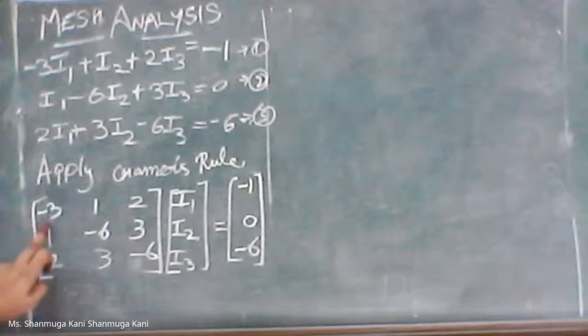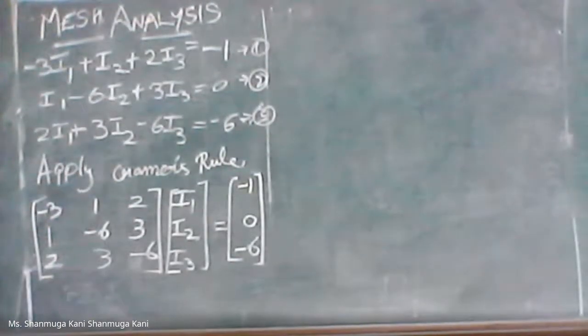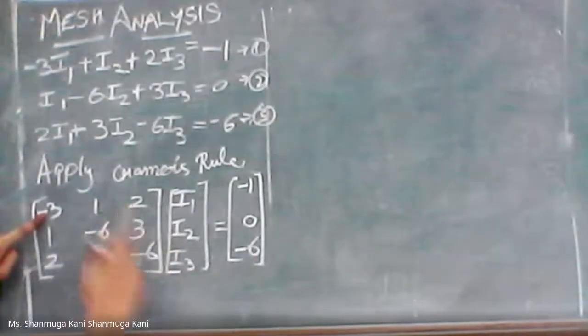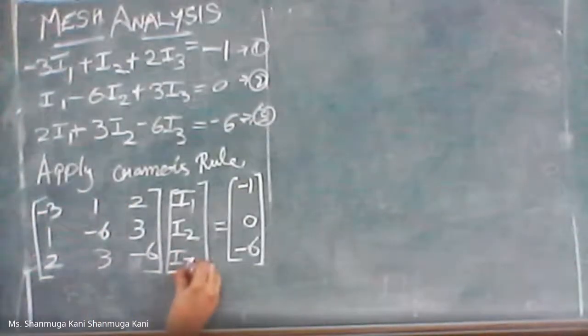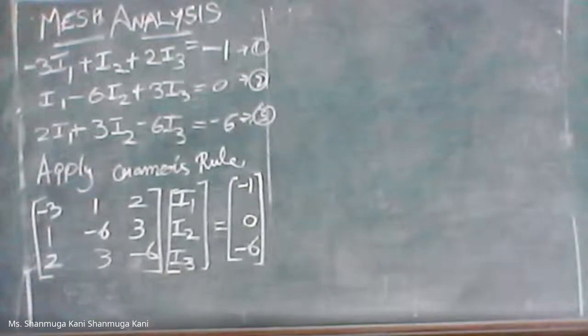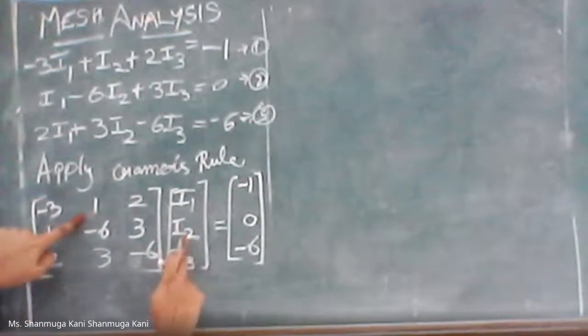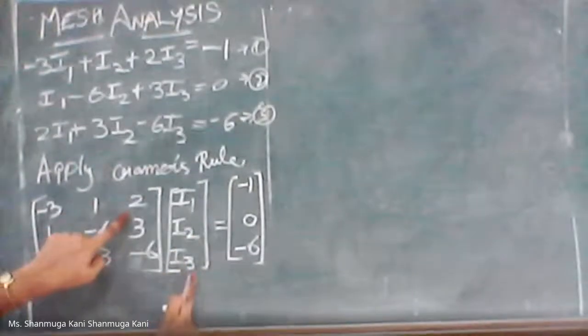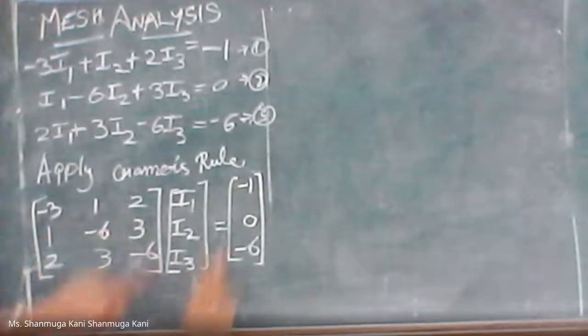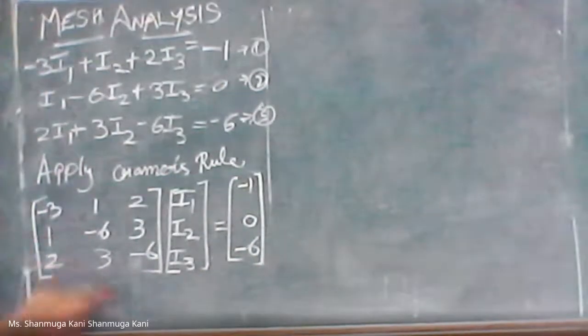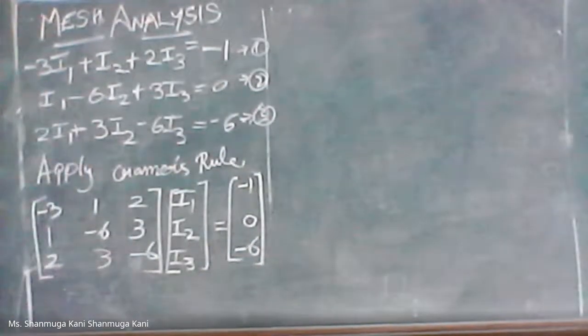So if you multiply and see, how do they do matrix multiplication? This term into this plus this term into this plus this term into this term. Correct? And totally we will be doing the matrix multiplication. Clear? So minus 3 into I1 plus I2 plus 2 into I3 equal to minus 1. So we have obtained our first equation. Similarly, when you multiply and see, your equations will be correct.